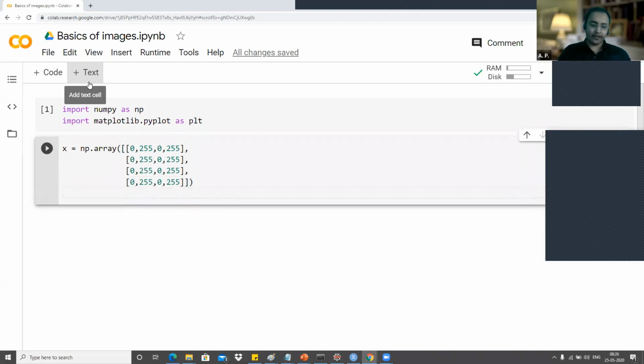This is what we have as our data, right? Let's say this is an array, and we want to see this as an image. I want to look at how this array would look like as an image, right? So every image is actually an array or a matrix. You can think of it in that format, and let's try to visualize this array as an image.